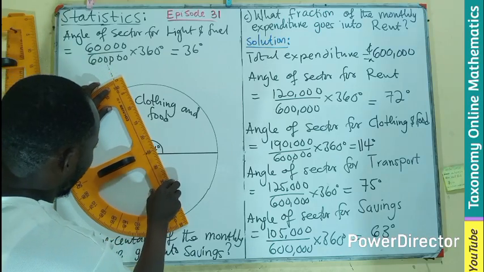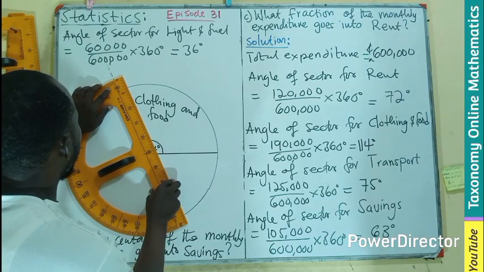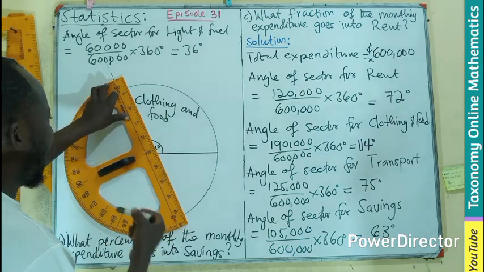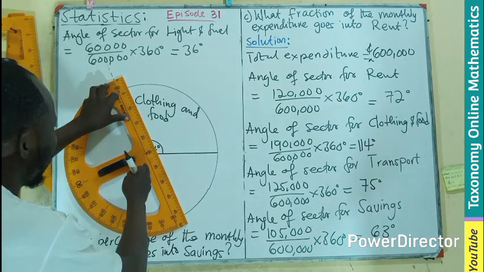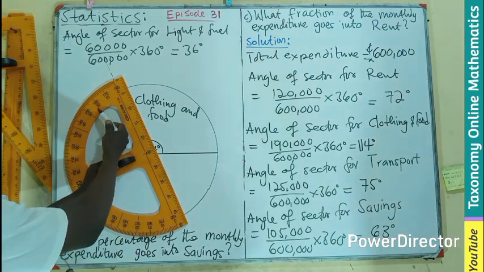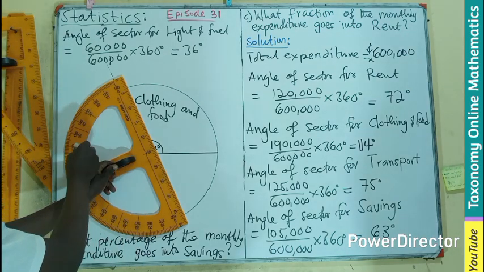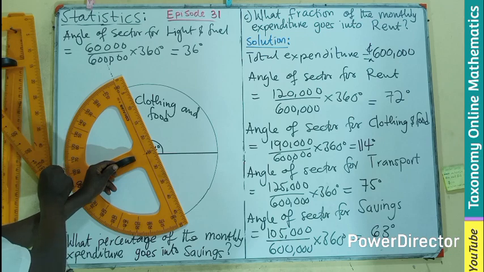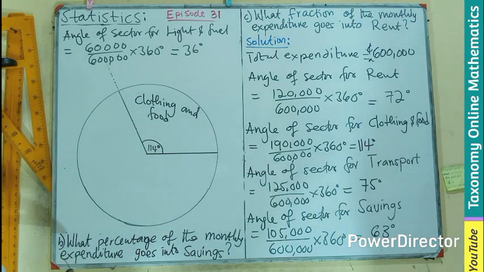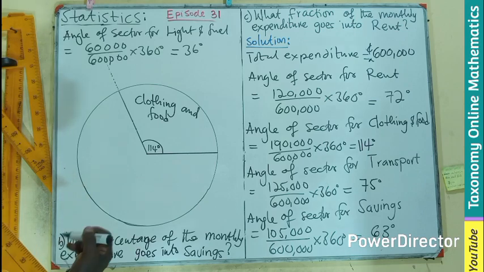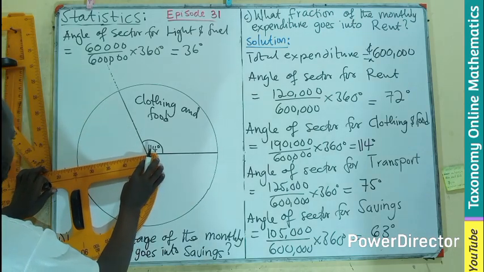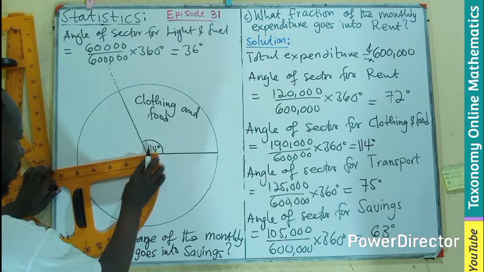The center will be at the center. Then the 0 line will be on the radius. I am measuring 75. So I still have to read from 0, 10, 40, 60, 70, 75 is here. So I have to join that point with the center to form the angle 75.